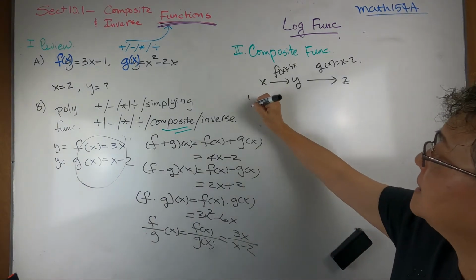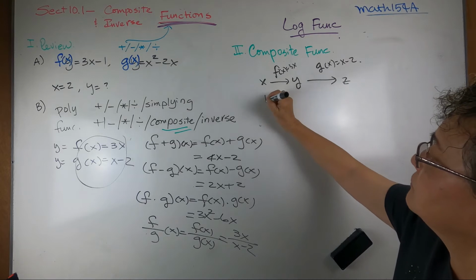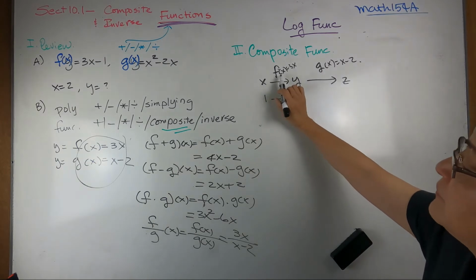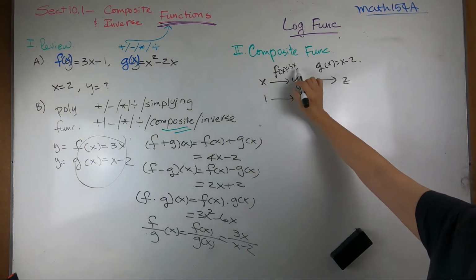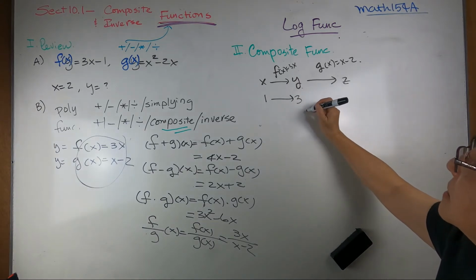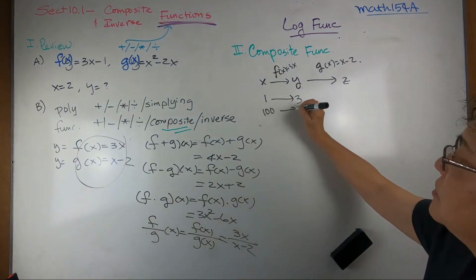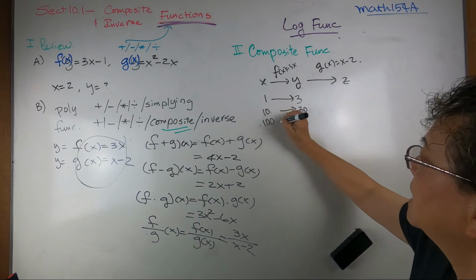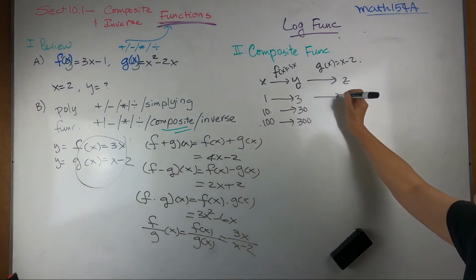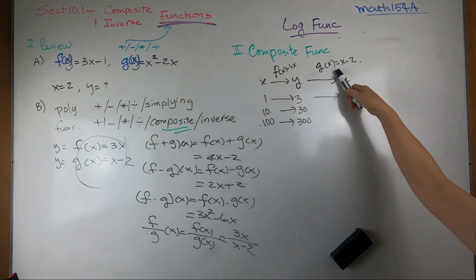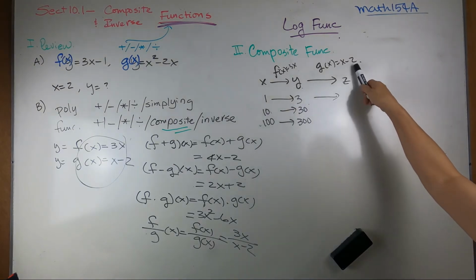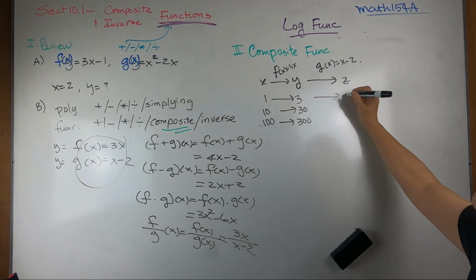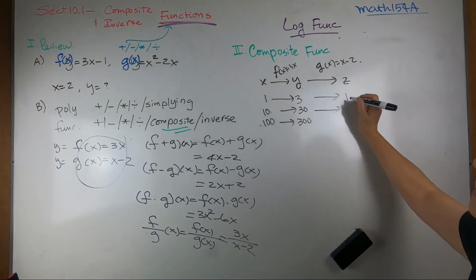So if you have 1 for x, then you get 3 times, right? f relates x to y by 3 times of it. So that would be 3. Then if it's 10, that would be 30, and 100 will be 300. So if you go through the g from here to here, it will minus 2. It relates the input to output by minus 2, right? That would be 1. That would be what?